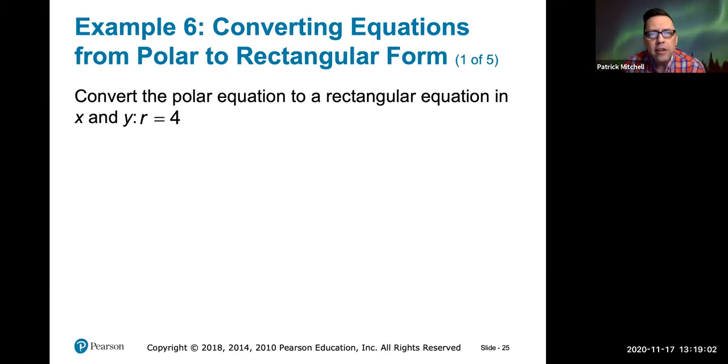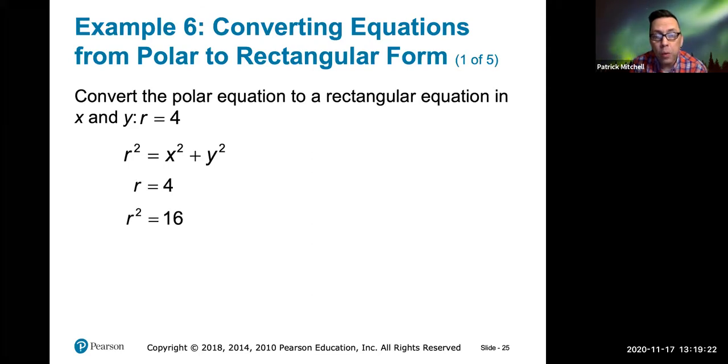All right, so let's convert the polar equation r equals 4 to a rectangular equation in x and y. So we're going to start with r equals 4, noting that r squared equals x squared plus y squared. If r equals 4, that means r squared equals 16. I would rather have an r squared there than an r because I know what to do with r squared. I can just replace it with x squared plus y squared.